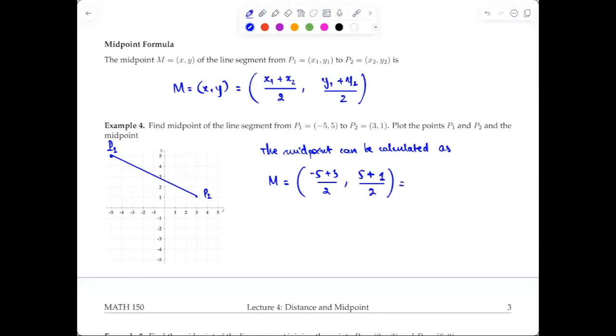So what is the point in this case? -1, 3. Thank you. So -1, comma 3. Now you go to the plot, you see that this is the midpoint.